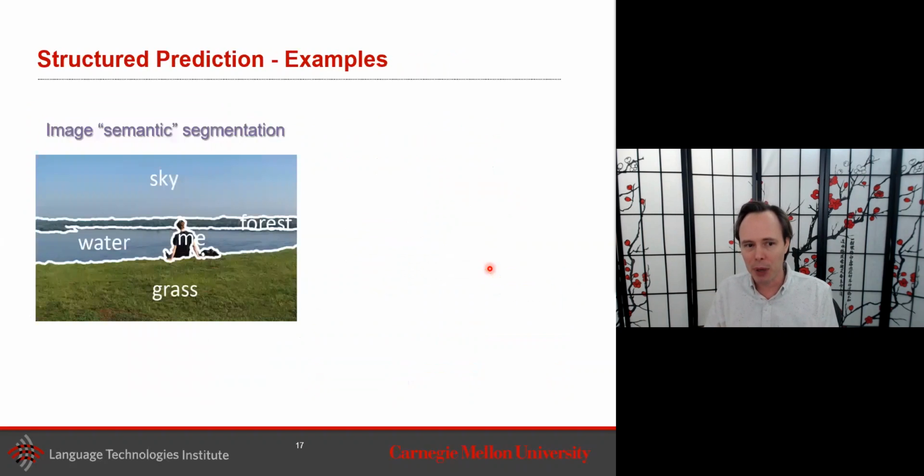Another example of structure prediction is what some researchers call semantic segmentation for images. I could predict every pixel by itself, asking whether this pixel is sky, but doing each of them independently does not make sense. It makes a lot more sense to take my neighboring pixels into consideration.